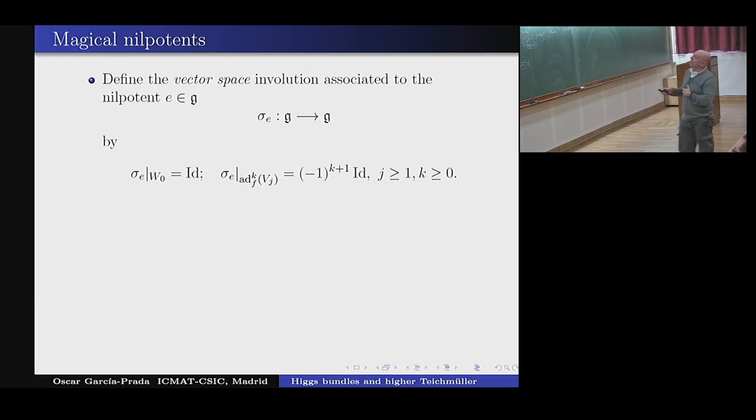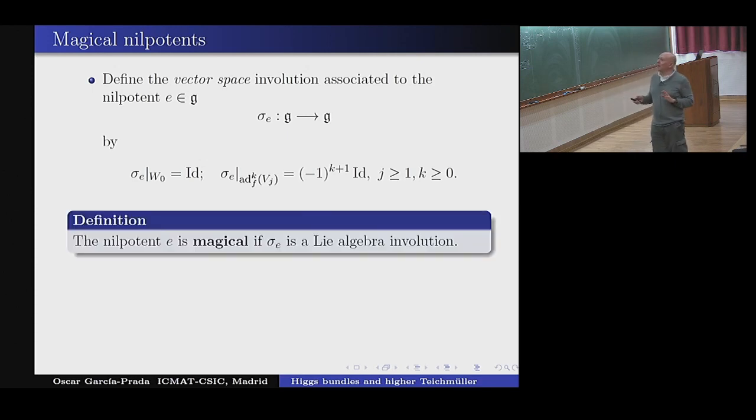You define it as minus 1 to the k plus 1, and so on. This is a vector space involution, right? So here's the definition of magical: the nilpotent is magical if this is actually a Lie algebra involution. For any nilpotent it is always a vector space involution, but if that involution happens to be a Lie algebra involution, then the magic happens, right?